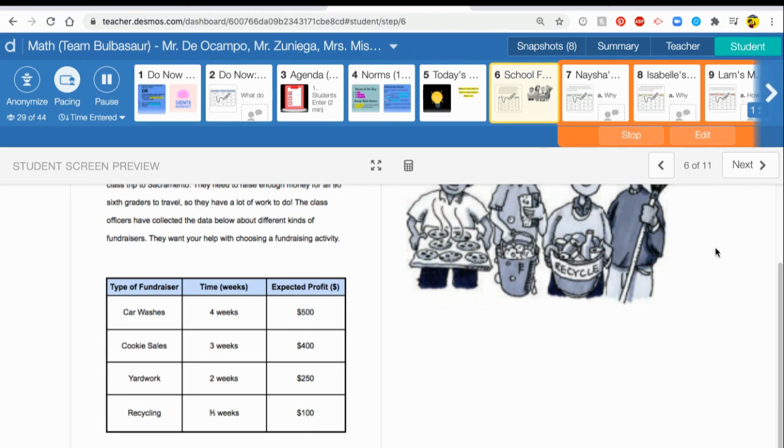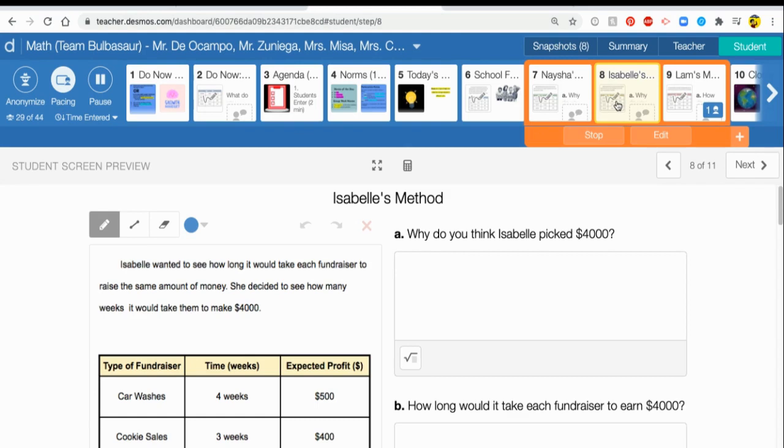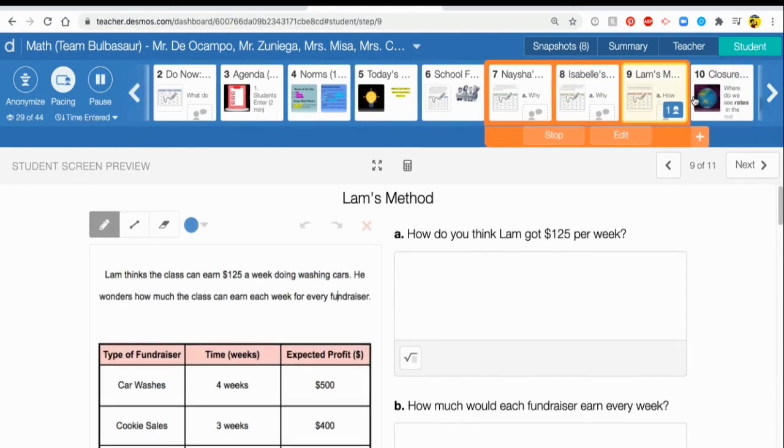Now, during class, students started working on pages 7 and 8 and maybe 9. And in fact, the asynchronous work is to finish pages 7 and 8. 9 is an optional kind of problem.